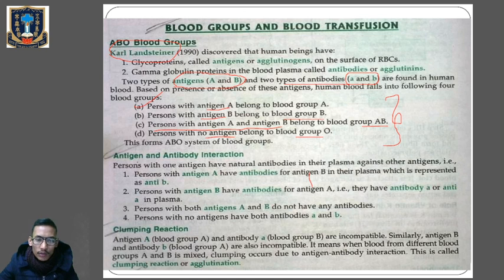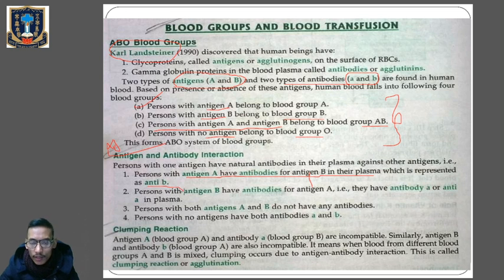Now let's talk about the antigen and antibody interaction, which is the most important one. Persons with one antigen have a natural antibody in the plasma against the other antigen. Listen very carefully: in blood group A, the antigen is A, but persons with antigen A have the antibody for antigen B in their plasma, which is represented as anti-B.